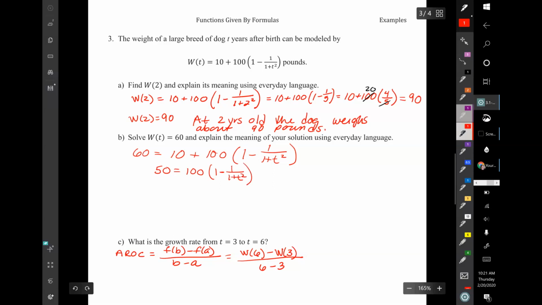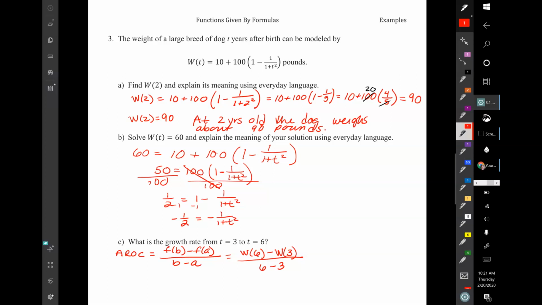Then I would divide both sides by 100, so I can isolate the part with my variable in it, and I end up with a half equals 1 minus 1 over 1 plus t squared. Now I can subtract 1 from both sides, and I would get negative a half equals negative 1 over 1 plus t squared.